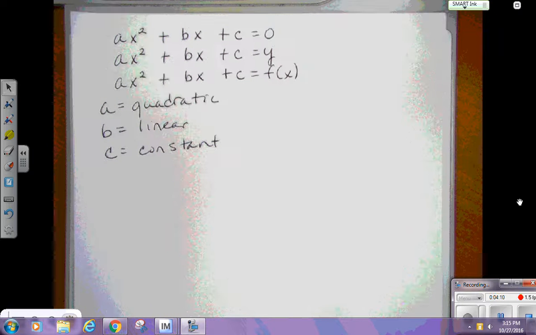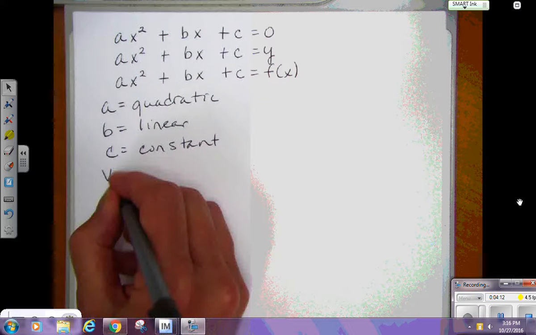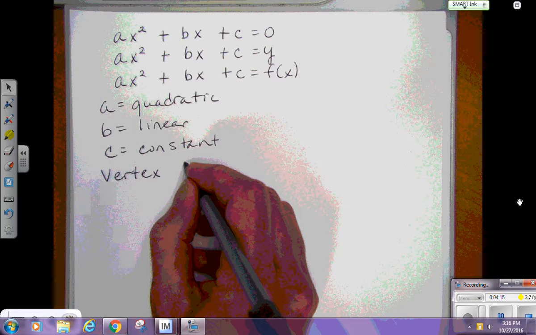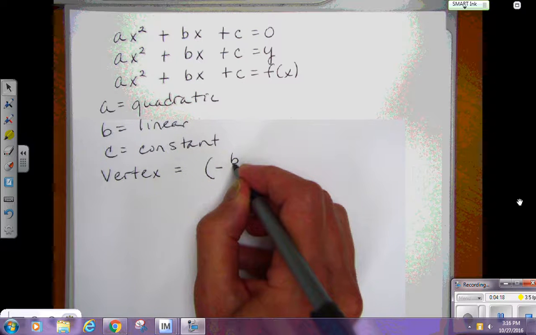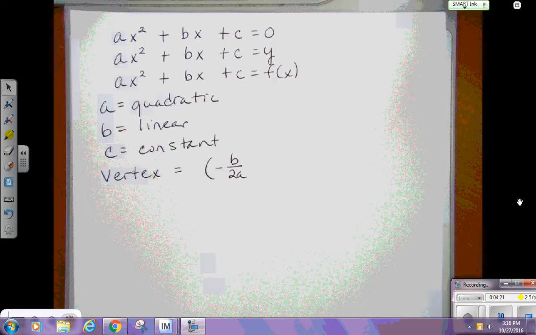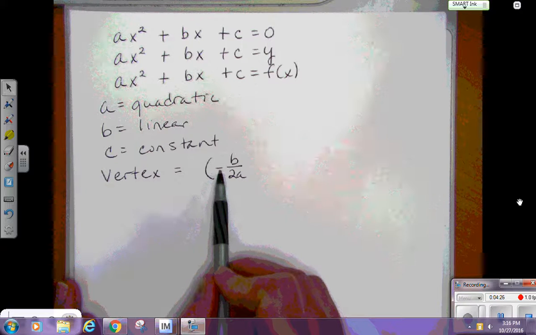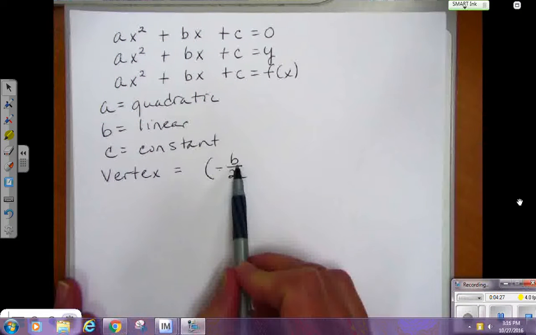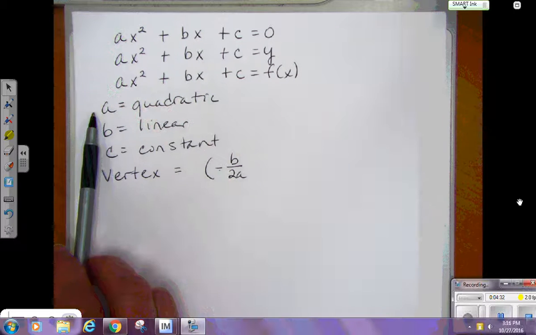Your vertex, the little formula for that is negative b over 2 times a. That will get your x-coordinate for the vertex. Okay, so this negative is part of the equation. It's always going to be there. Your b is whatever value the b is, and then a is whatever your a value is in the quadratic equation.